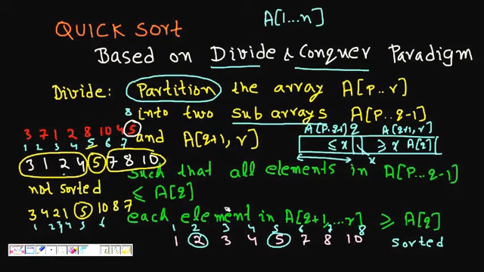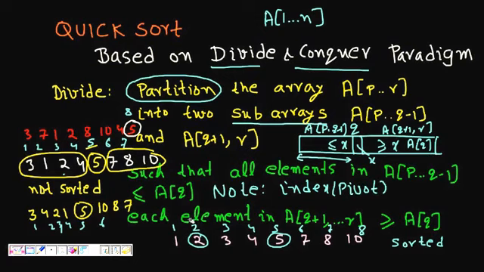So we can only guarantee that in the sorted array and in the partitioned array the index of the pivot element will be the same. So this is a point to be noted: the index of the pivot is the same in the sorted array and in the partitioned array.